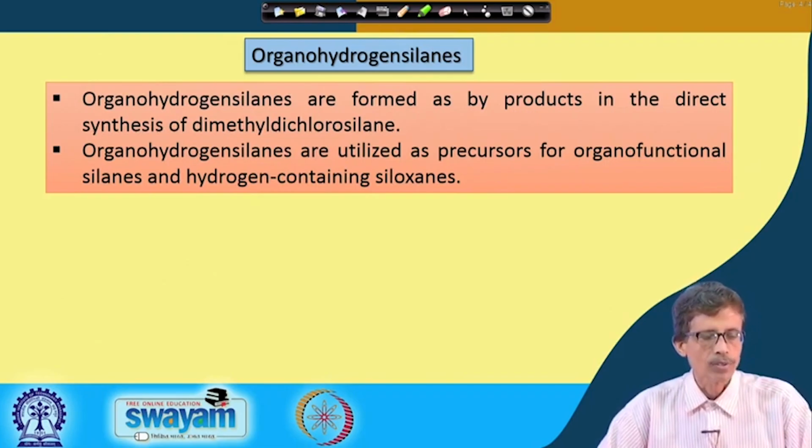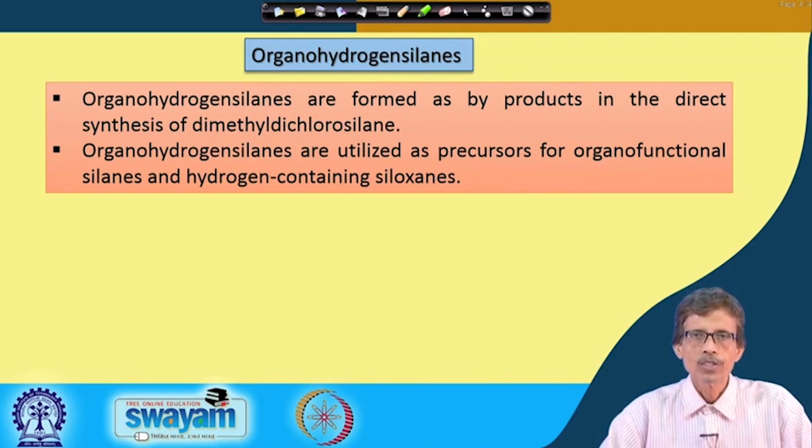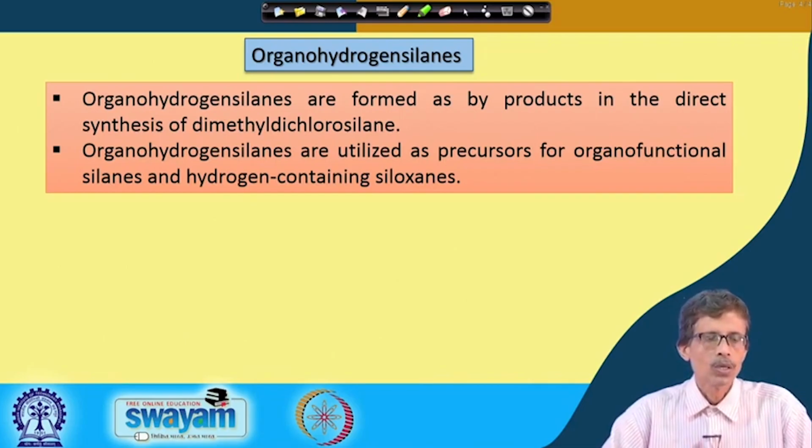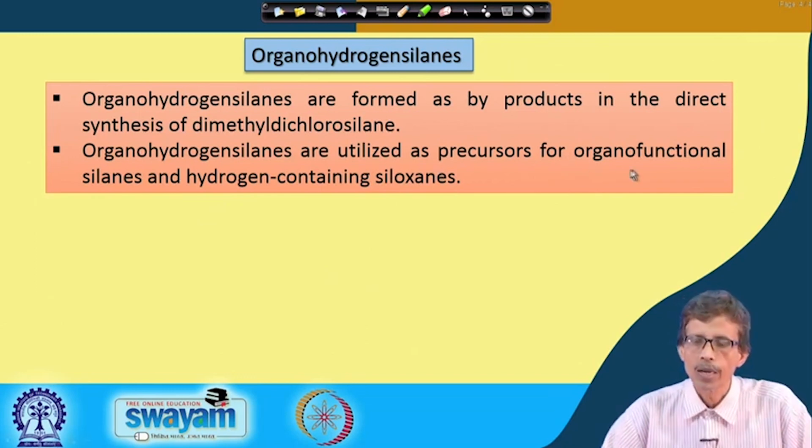So, organohydrosilanes are formed as byproducts in the direct synthesis of dimethyl dichlorosilane. So, instead of monomethyl, if we go for the dimethyl one, the corresponding organohydrosilanes are formed as the byproduct. Similarly, these can also be utilized as precursors for organofunctional silanes and hydrogen containing siloxanes.